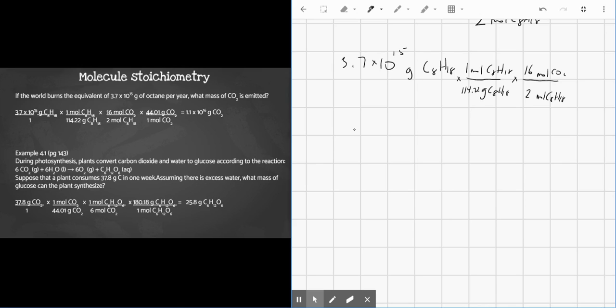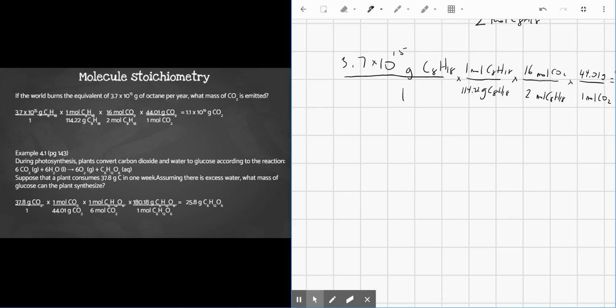And then last but not least, we wanted the mass of carbon dioxide. So I have to get rid of these moles. So I'm going to put 1 mole of CO2 weighs how much? That is 44.01 grams of CO2. Okay, and so if we take, this is over 1. We take all the top numbers and multiply them together.